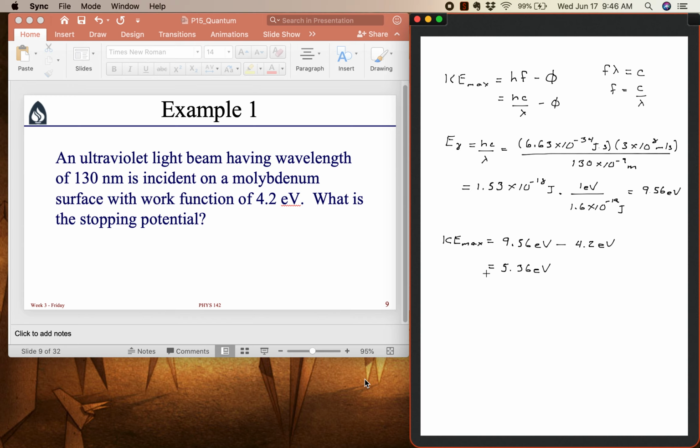If I have a kinetic energy in my electron of 5.36 electron volts, the stopping potential that I need is then 5.36 volts. And that would be the answer to this problem. 5.36 volts is required to stop the most energetic of the electrons.